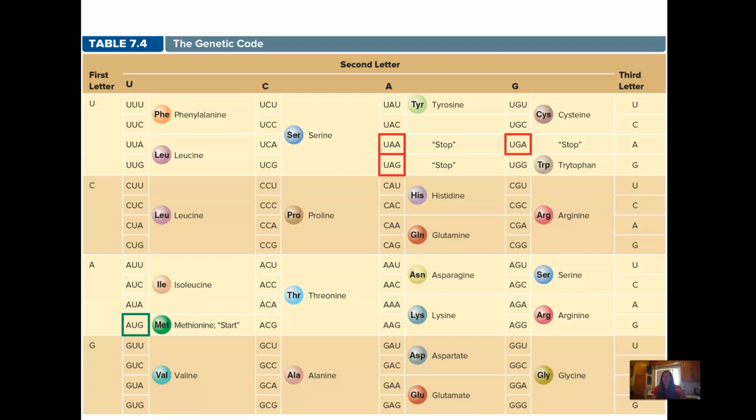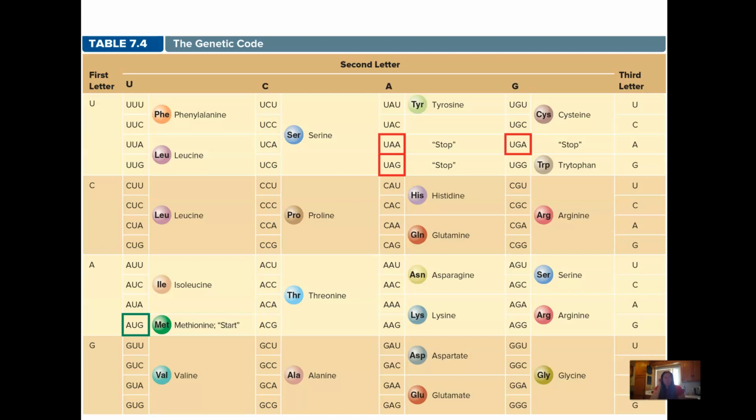The very thing that serves as a code for all of our proteins is the exact same code that bacteria and the archaea, those original proto-life forms that were here billions and billions of years ago, have. Same thing, same code.